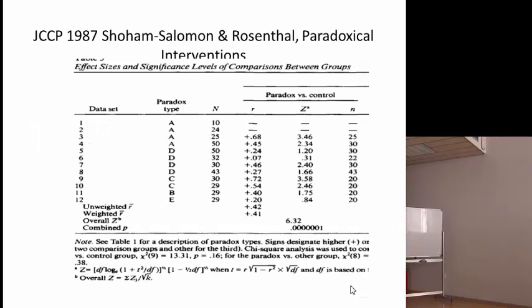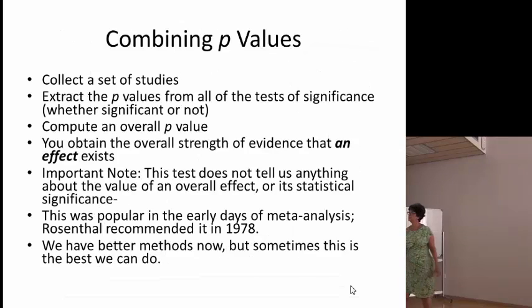This is the z-scores, but let's assume that those were actually probability values, and it'll be easier to explain.